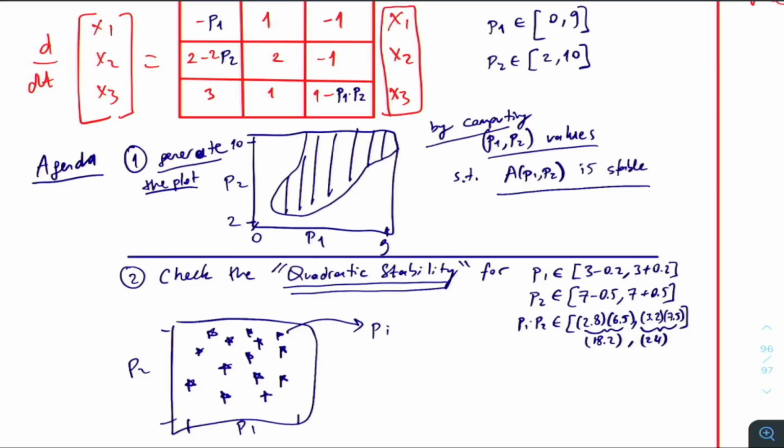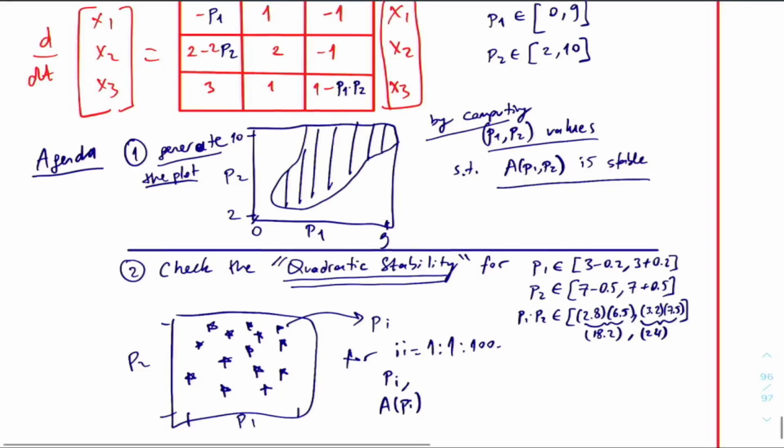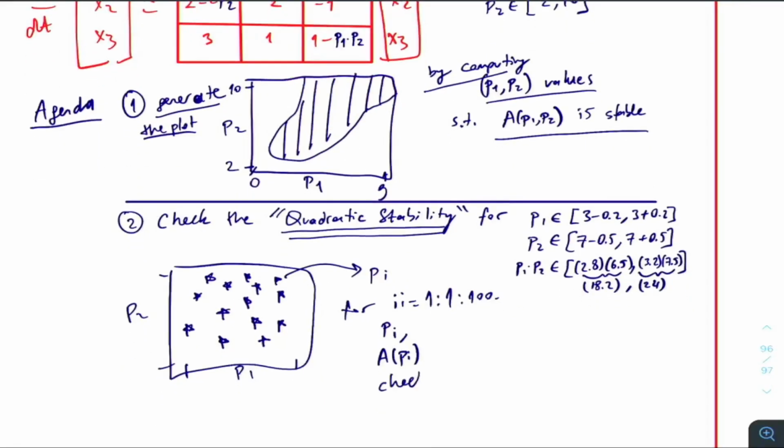For every pi, for i equals 1 to 100, for example, compute A of pi, and then check if A of pi is stable.